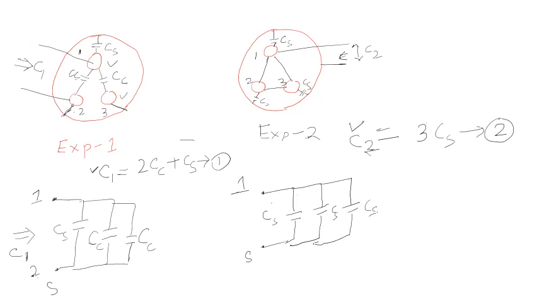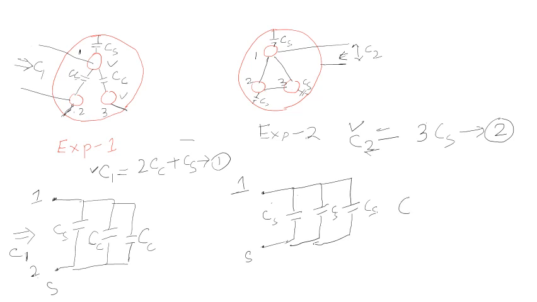If by conducting these two you have the value of C2 and the value of C1, from C2 you can calculate the CS part, and then put that CS in here.